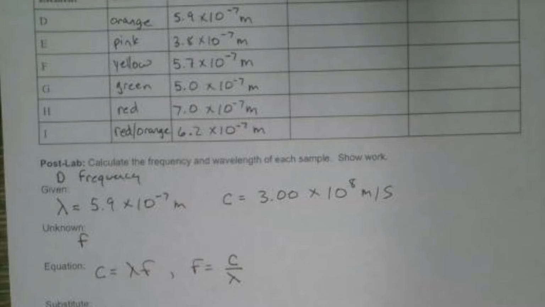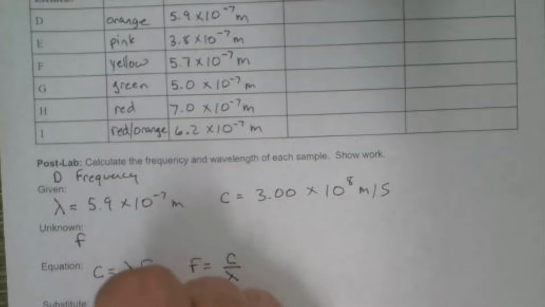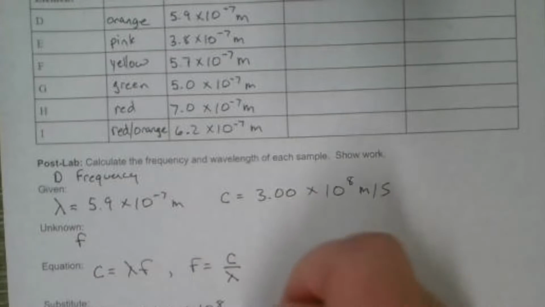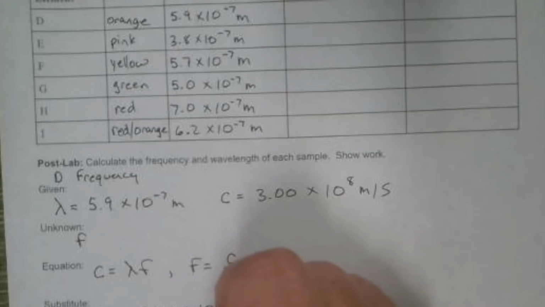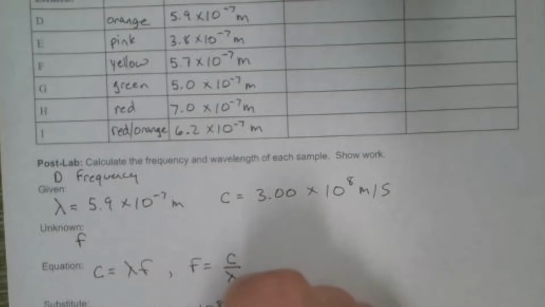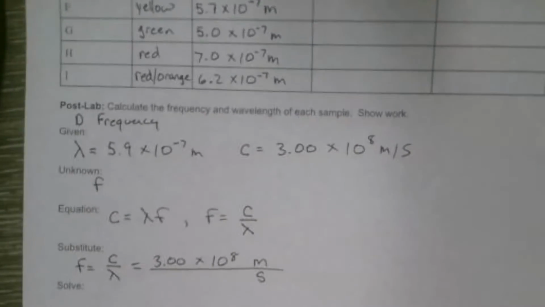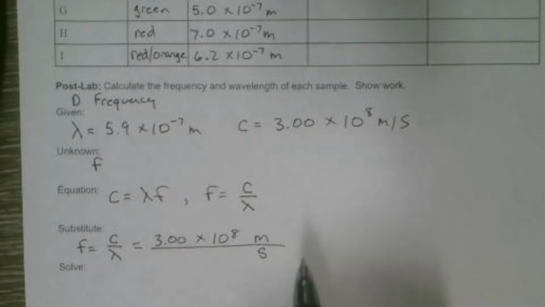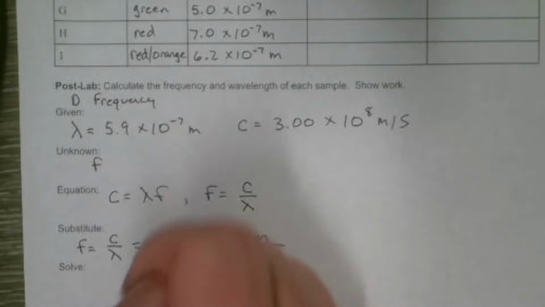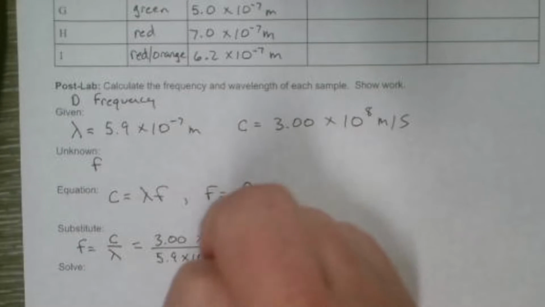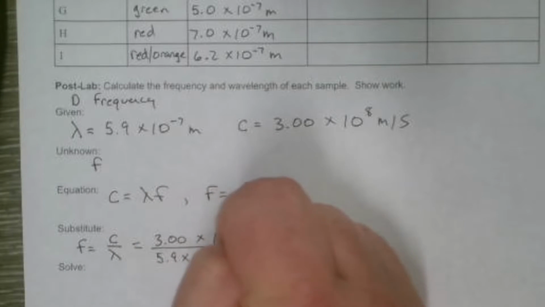The number that we plug in for the speed of light is 3 times 10 to the 8. And notice that the unit is meters per second. That's a fraction, meters per second. Our wavelength is 5.9 times 10 to the negative 7 meters.